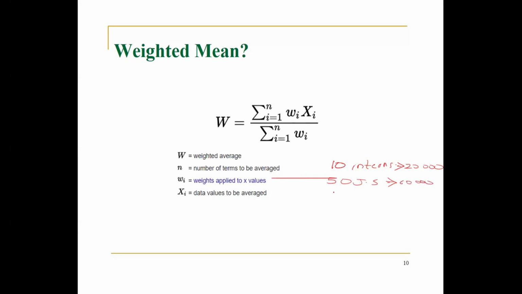Then we have 30 mid-level staff, let's say their salary is 80,000. Then we have 10 senior staff, let's say their salary is 150,000, right? So what will our average be?